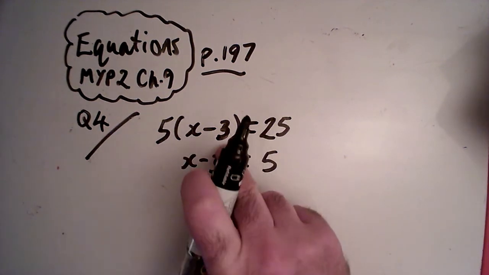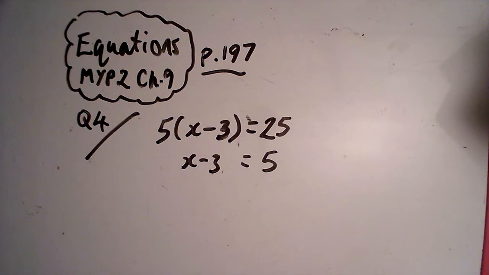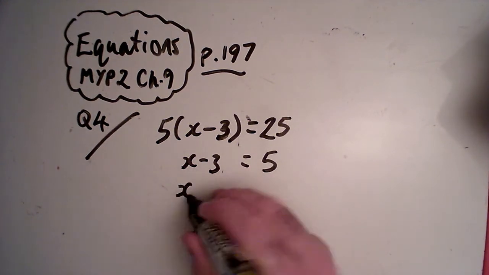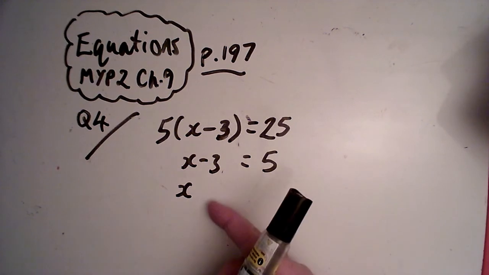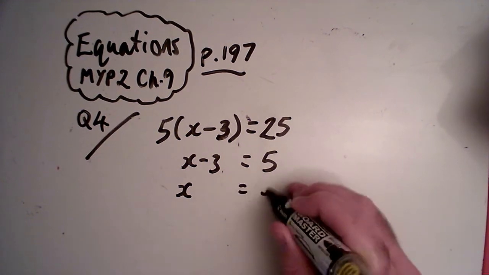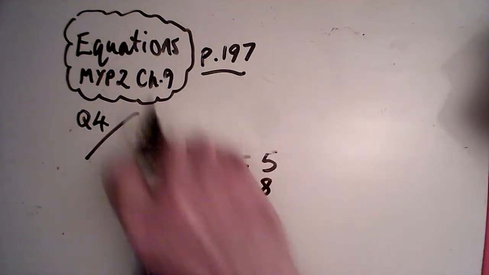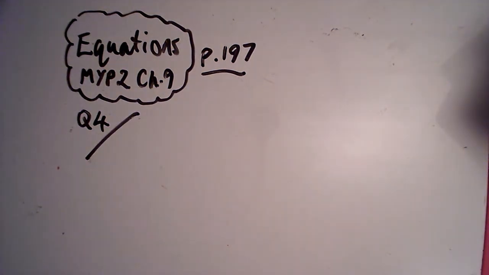And for x - 3, I don't really need those brackets there anymore. So that's just saying x - 3 = 5. So add 3 to both sides gives you the x on its own, but we've got to add 3 to the other side as well. So x = 8 is the answer to question C. On to question D.